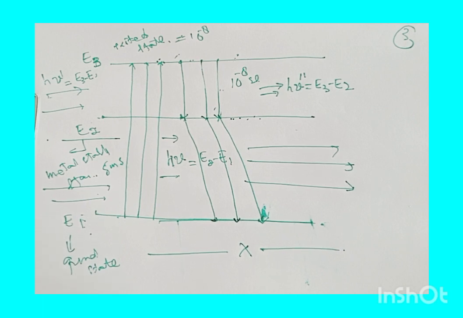This is basically the way to understand the mechanism of working of light amplification by stimulated emission of radiation. Now, these lasers have tremendous applications. They can be used in industry, you can cut heavy metals, and we can generate holes in diamonds.